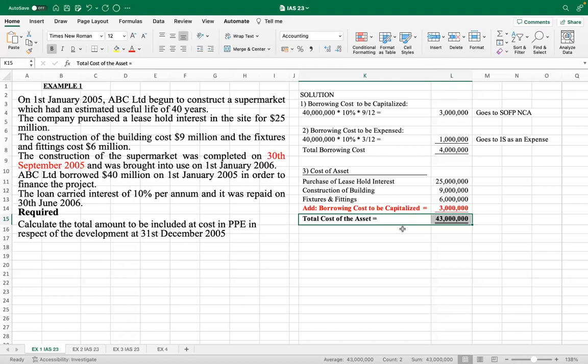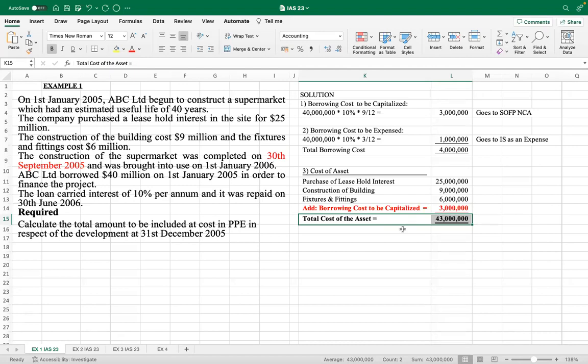We are looking at the interest, and what we are learning today is that there is an interest that goes to the balance sheet as a non-current asset as part of the cost of the asset, and there is another interest that goes to the income statement as an expense.